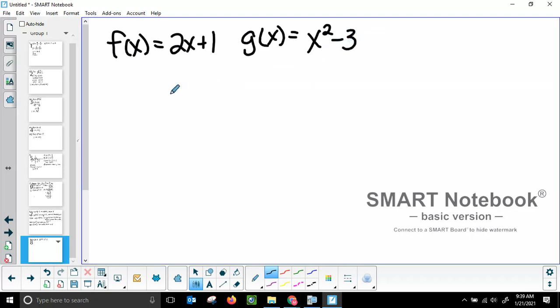It says find the following and state the domain.